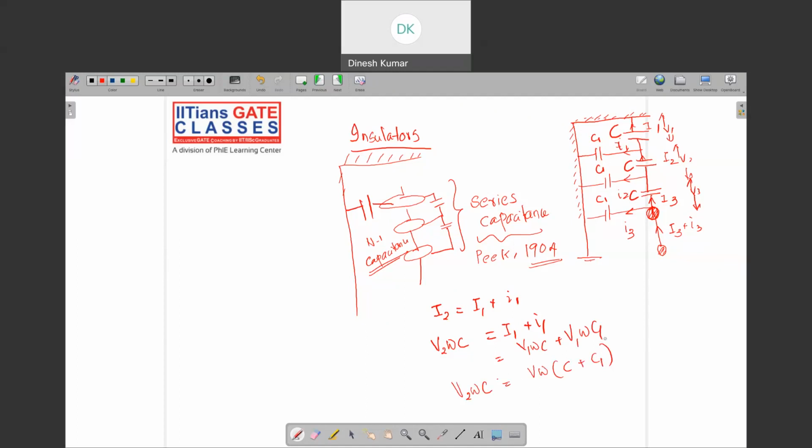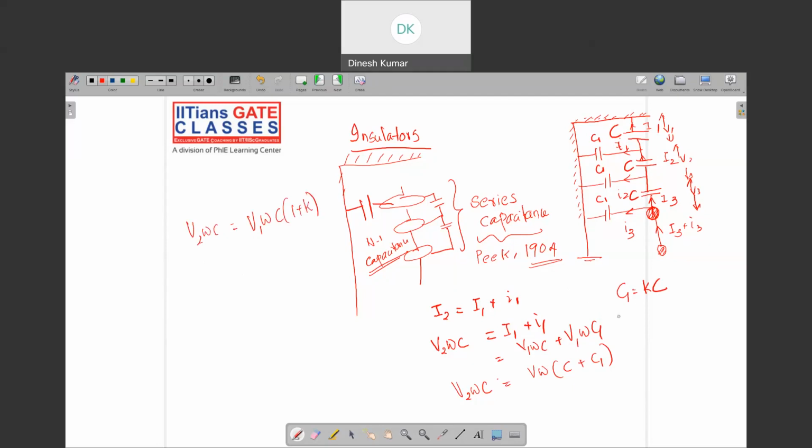So if I take C1 equal to some K times C, then we can write like this. V2 omega C will be equal to V1 omega C into 1 plus K, right?